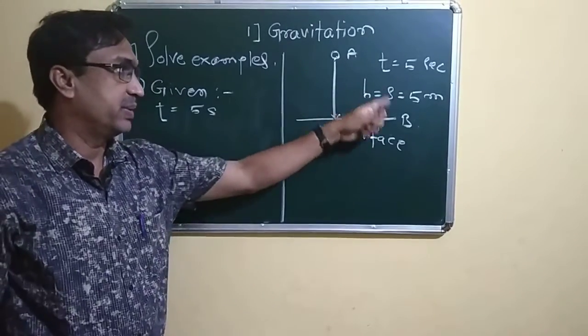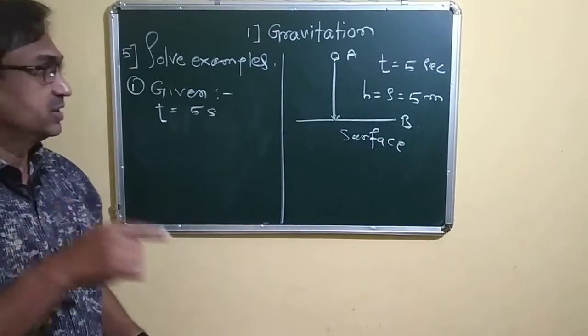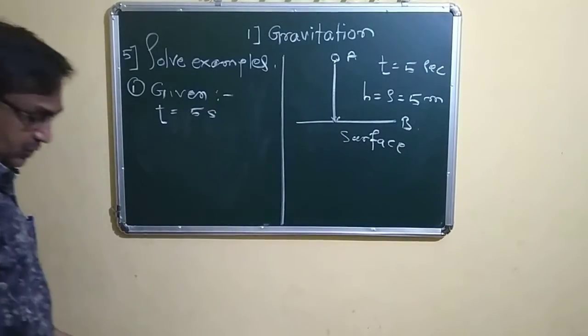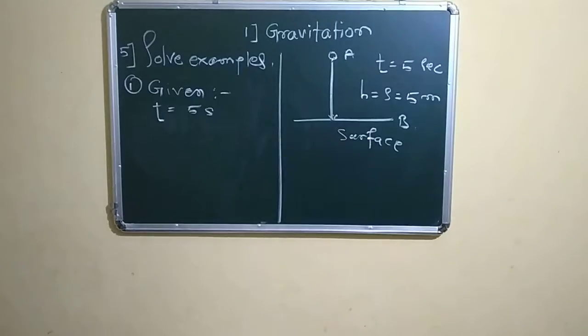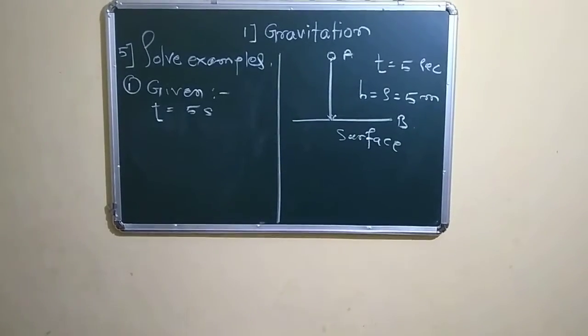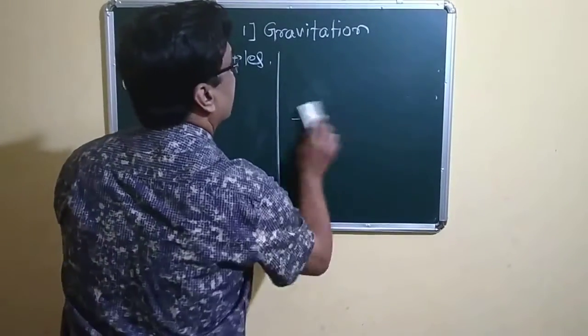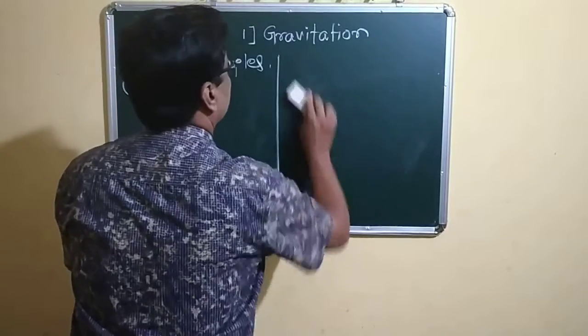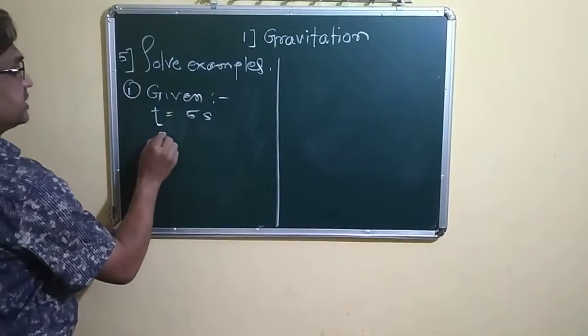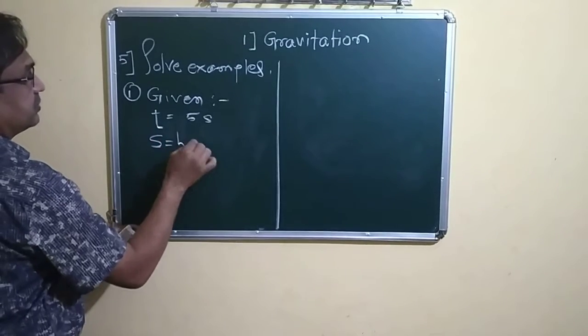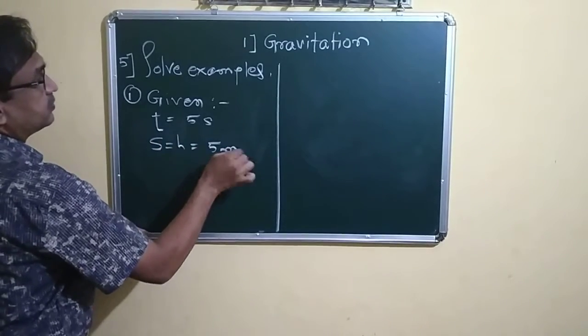What is the value of g on that particular planet? So I will write down the formula. We are given h, that is 5 meters.